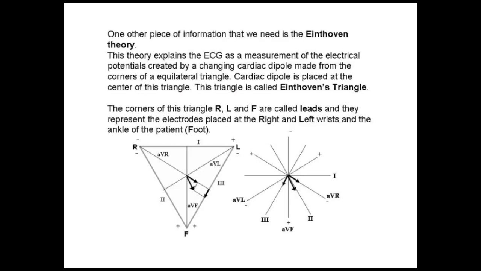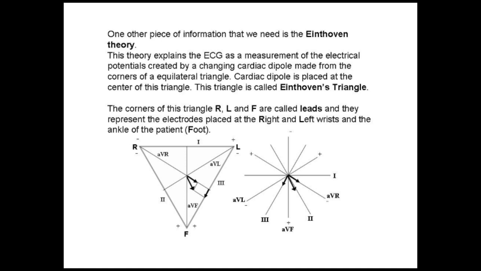The second piece of information or concept we need to understand ECG is the Einthoven theory. Einthoven is the first person who invented ECG and used it as a diagnostic tool, and he also explained the theory behind the ECG.